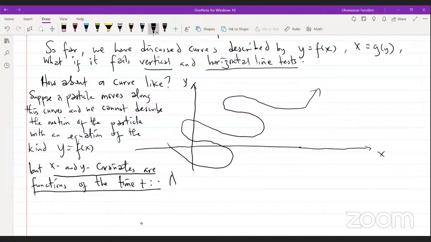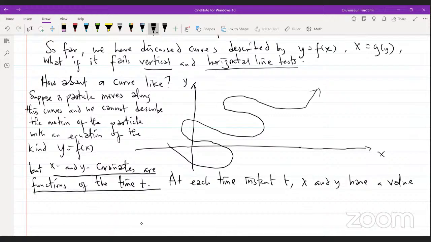So at each time instant t, my x and y actually have a value that depends on t. Now, let me give you a very basic example, guys.